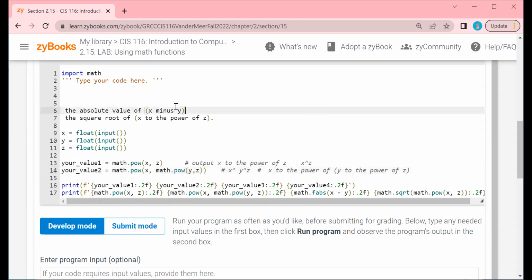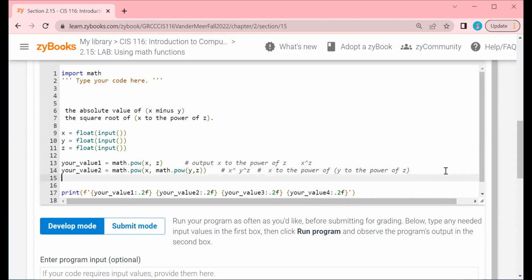The next one is the absolute value of x minus y. Absolute value is just the whole number. So I'm going to say value 3 is equal to math.pow. What is it? FABS? I believe so.